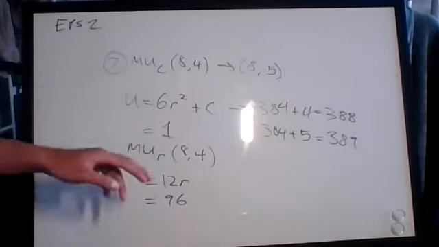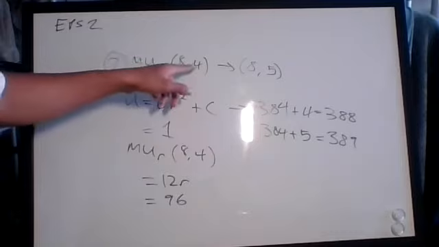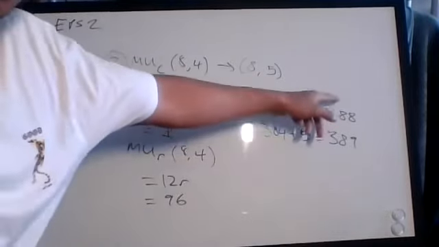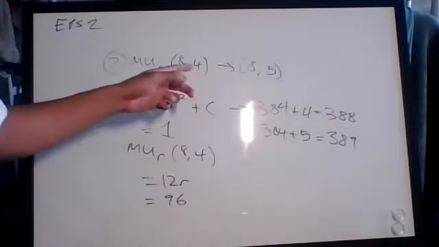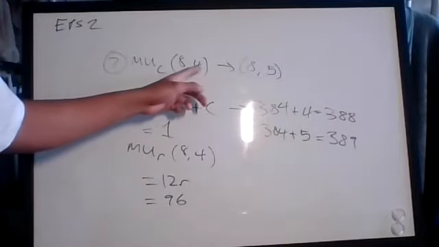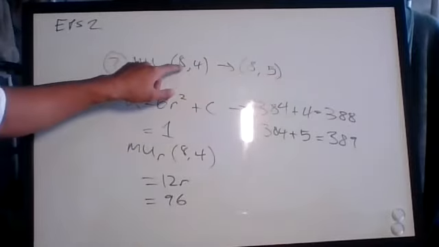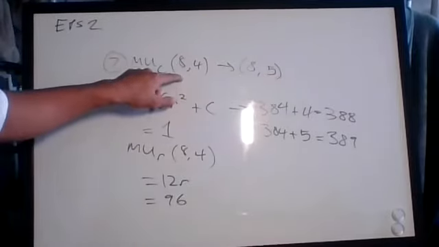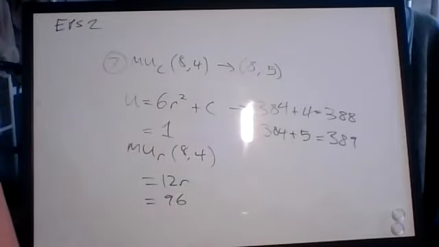And so the marginal utility of chicken was the increase in my utility going from 388 to 389 by increasing my level of chicken by 1, going from 4 to 5, while holding my consumption of rice constant, 8 and 8. You see that? That makes sense. Okay.